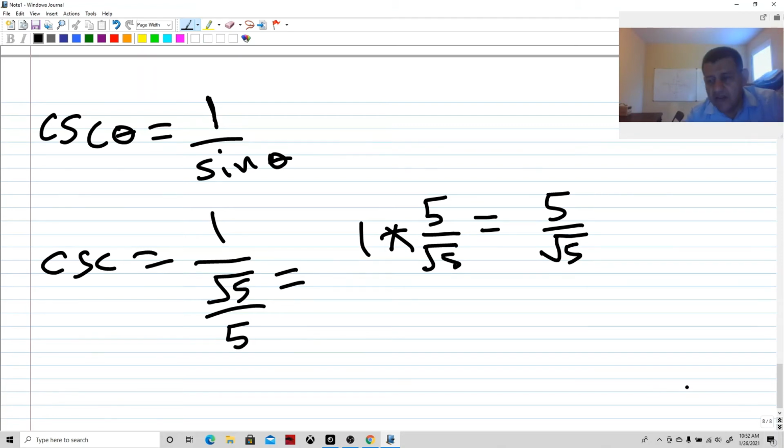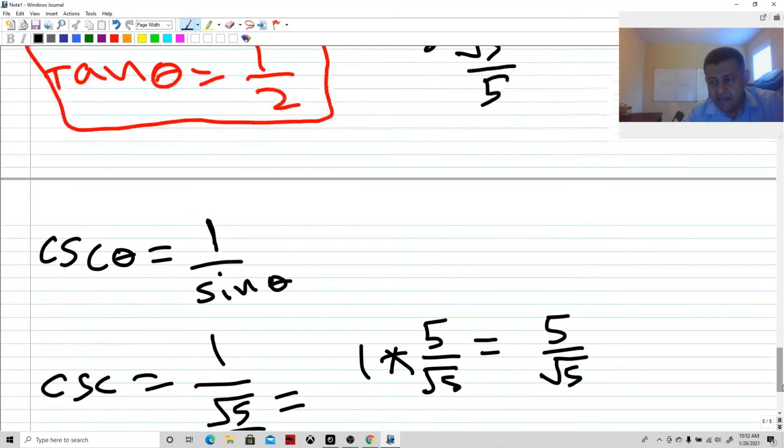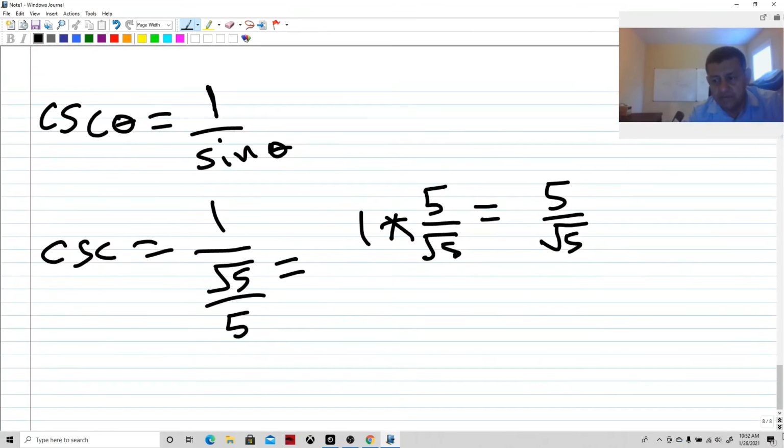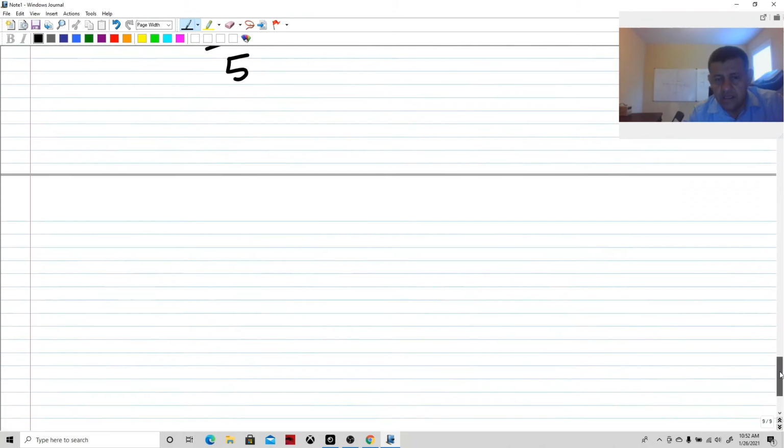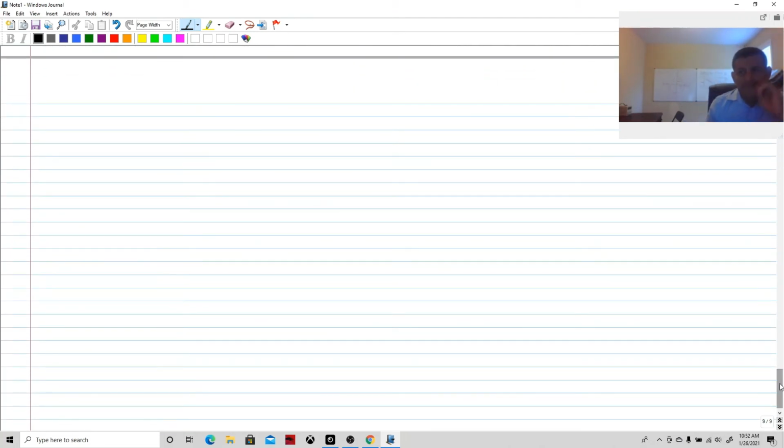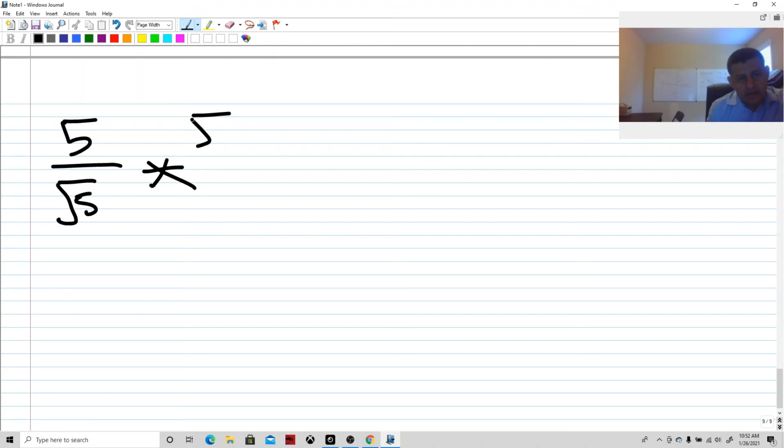The teachers, some of them, don't like to have numbers like that, so let's get rid of that radical. We get rid of it by multiplying top and bottom by radical 5.